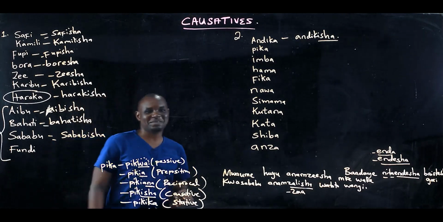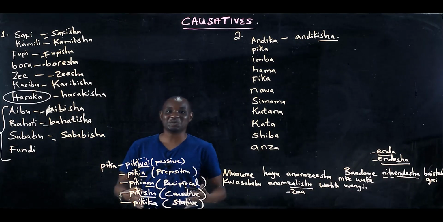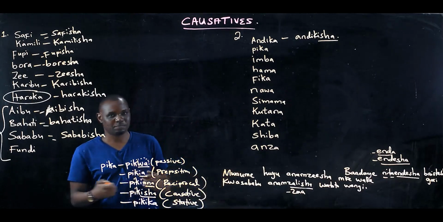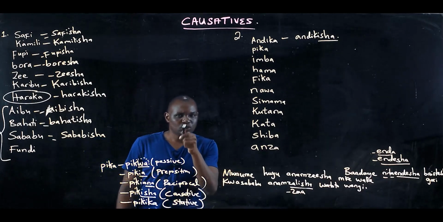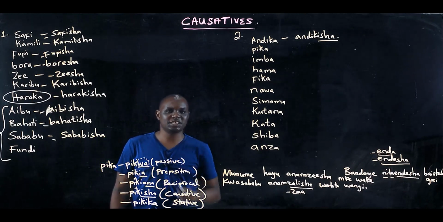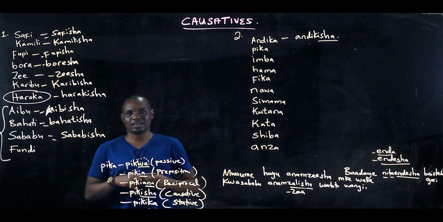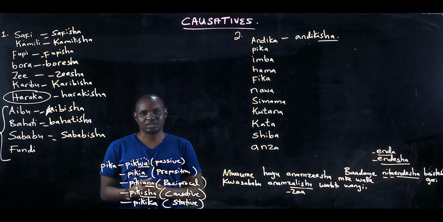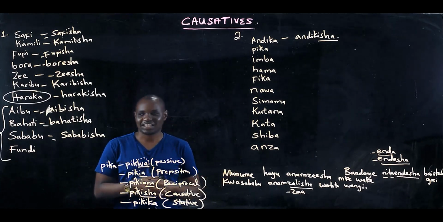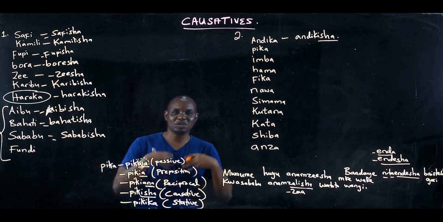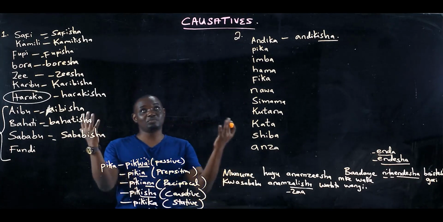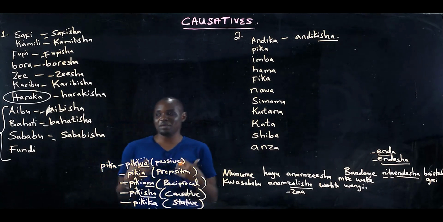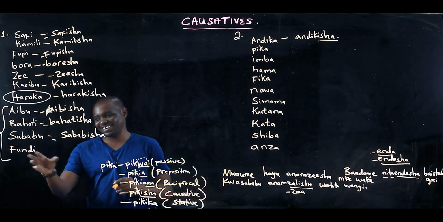Sababisha is to cause, kusababisha. You caused this. Ulisababisha hii. Say, who caused me to be a Swahili teacher? Nani alisababisha mimi kuwa mwalimu wa Kiswahili? Mungu. God. Mungu alisababisha mimi kuwa mwalimu wa Kiswahili.